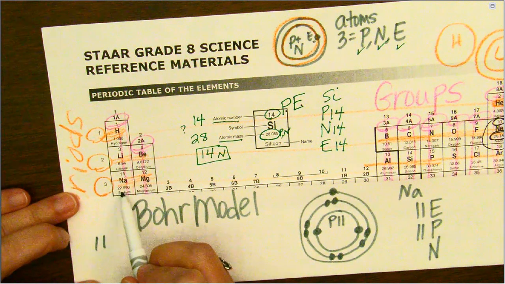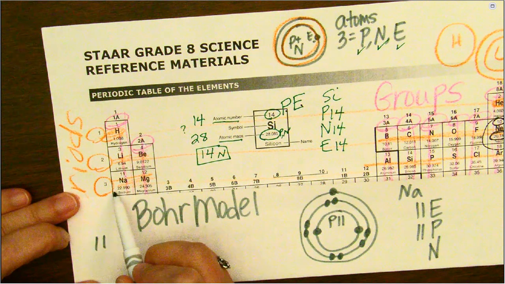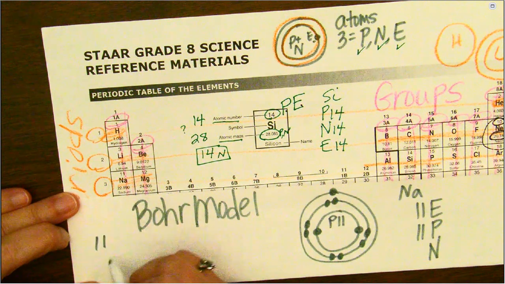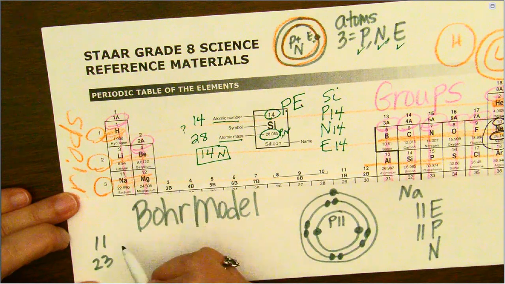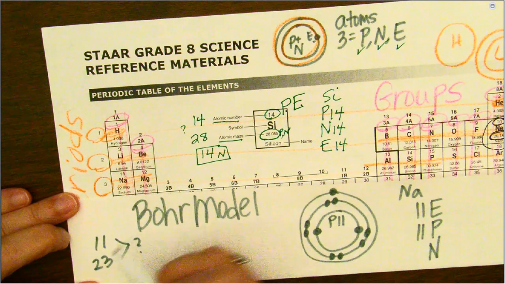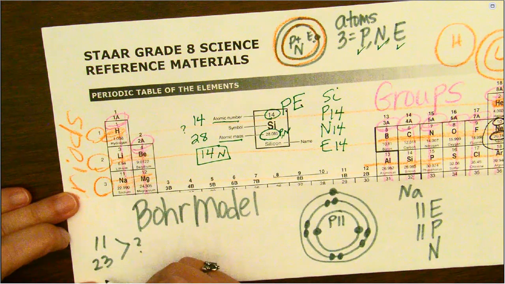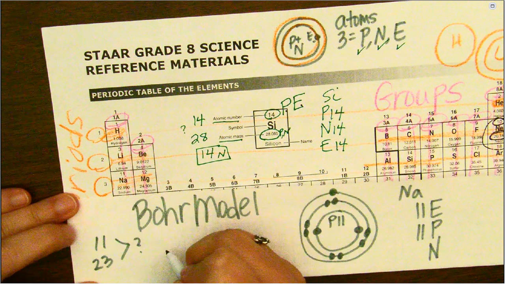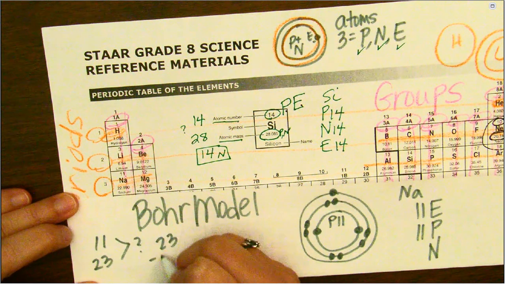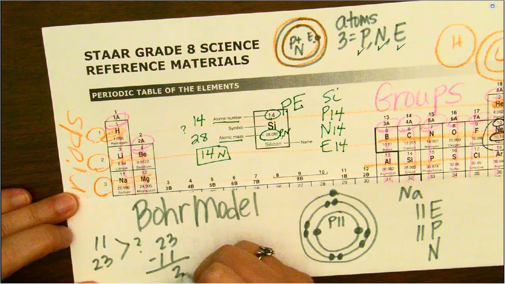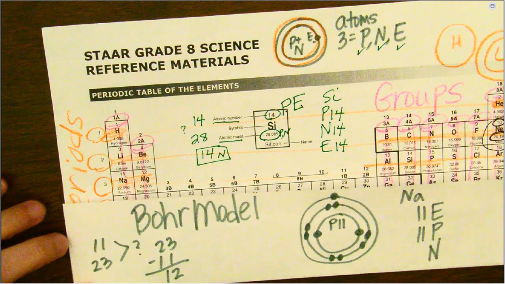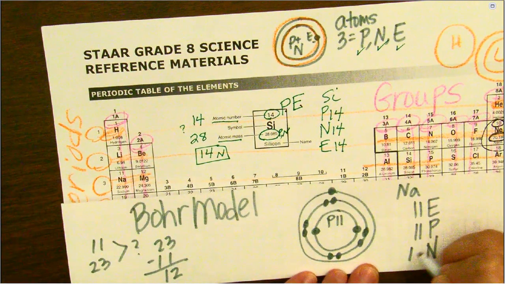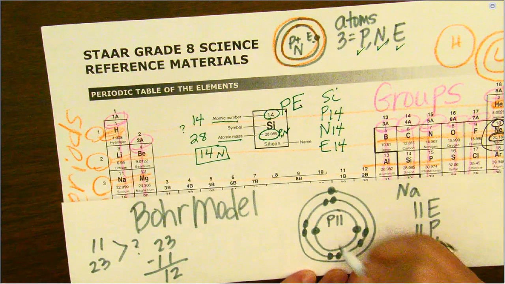That's 22.9, so I'm going to round that to 23. And we need to find the difference. What's the difference between these two numbers? Okay, so 23 minus 11 is 12. So that's how many neutrons I'm going to have. I'm going to have 12 neutrons.